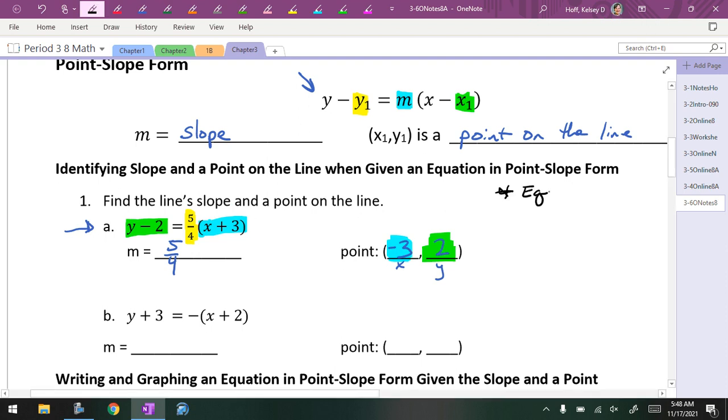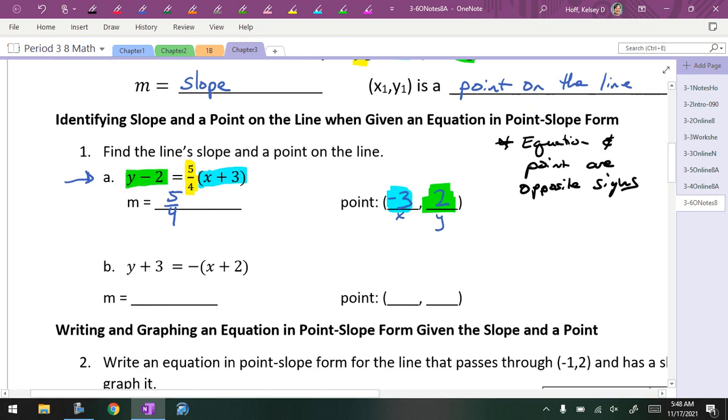The equation and the point are opposite signs. And that's because we have to leave that negative behind. If it looks like a negative in the equation, it was a positive in the original. If it looks like a positive in the equation, it was a negative in the point.